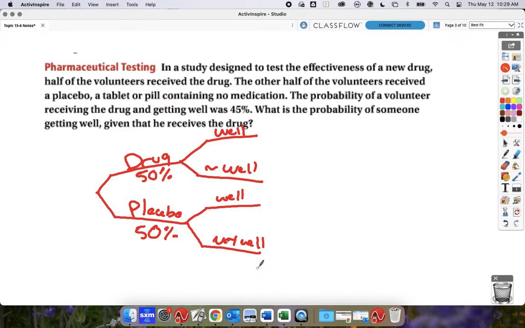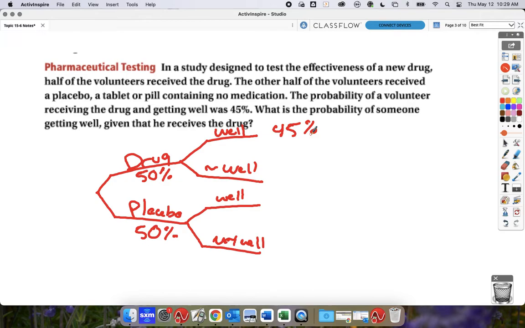This is a large mistake that I made last year. Remember when we talked about the probability of drawing a jack and a king? What do we do when it says and? We're multiplying. So and means multiplication. So if I do 50% times some percentage, the probability of someone getting the drug and getting well is 45%.